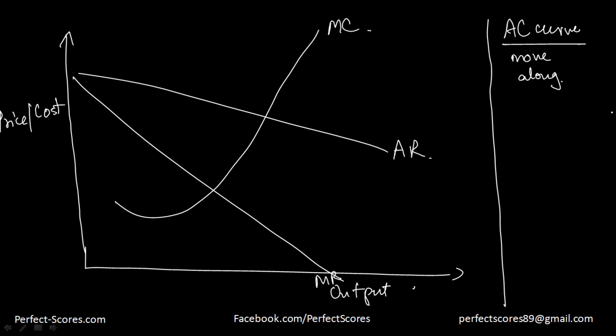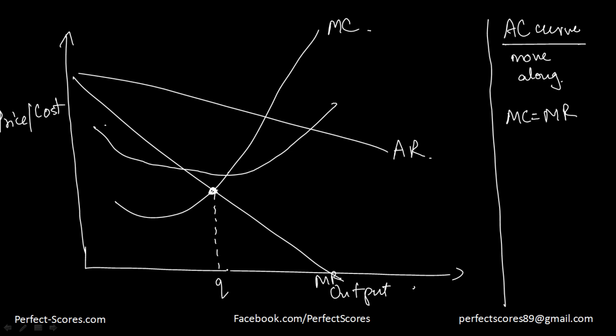So let's suppose if I were to draw the average cost curve, the average cost curve is actually going to look something like this, and this is going to be its lowest point. Now understand, at this point over here where marginal cost is equal to the marginal revenue, the profit is maximized.